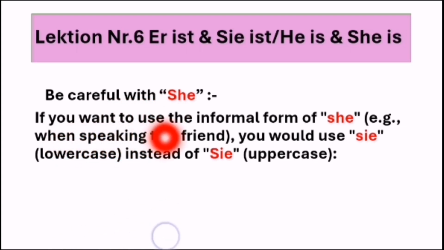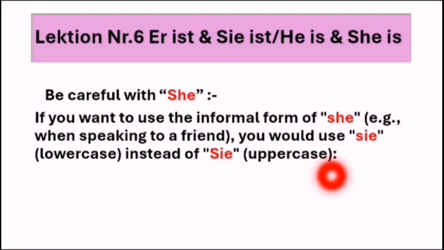If you want to use the informal form of she in German language, for example, when you speak to a friend, you would use sie in lowercase, okay? Lowercase means this s should be a small letter, instead of uppercase.